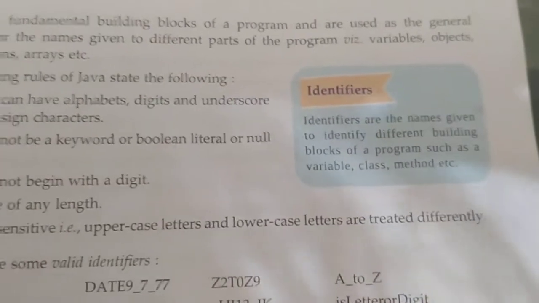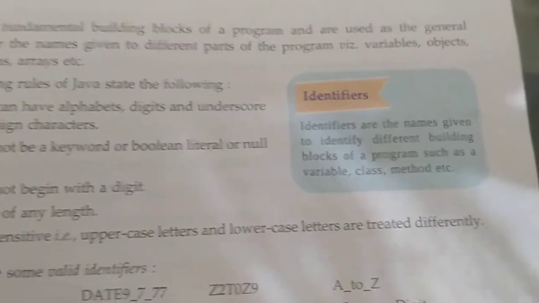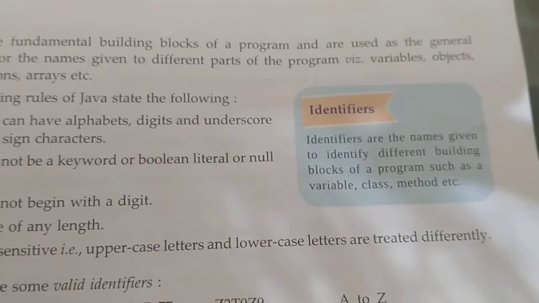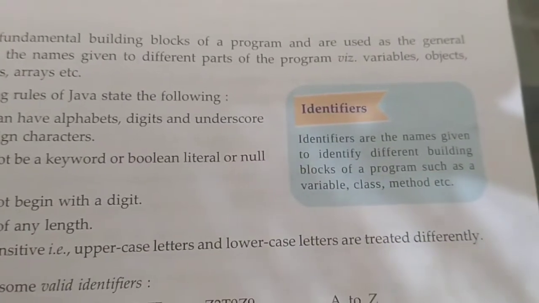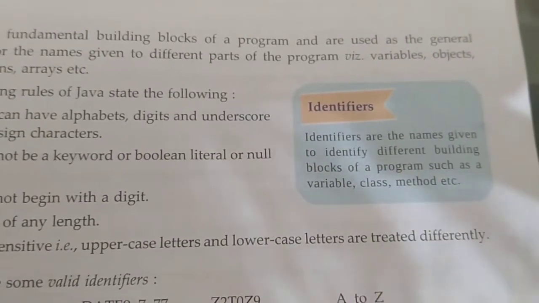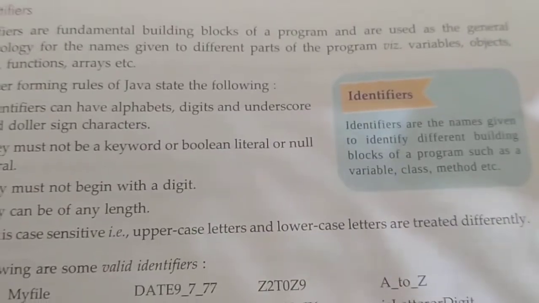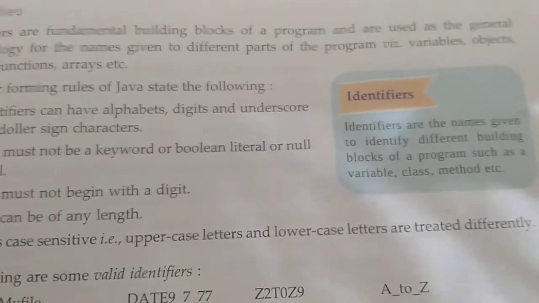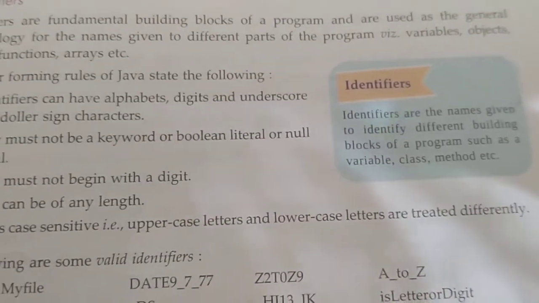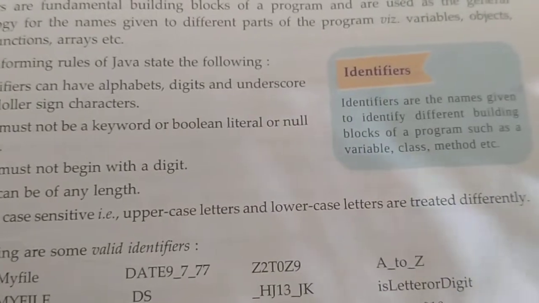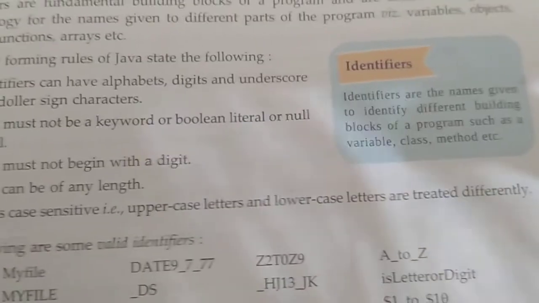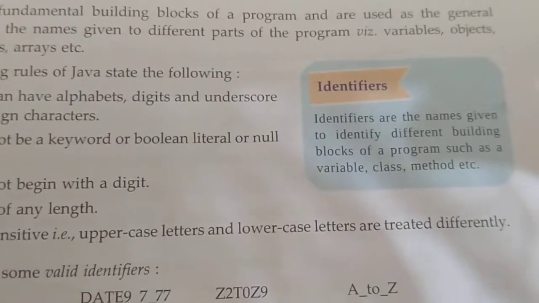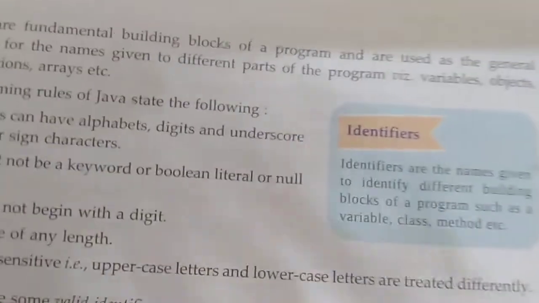Identifiers are the names given to identify different building blocks of a program, such as a variable, class, method, etc. You have to write that specially.